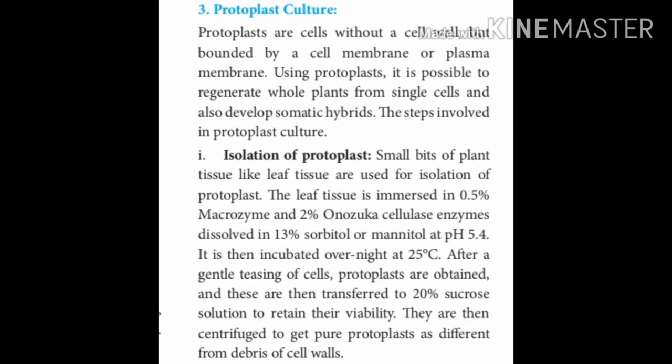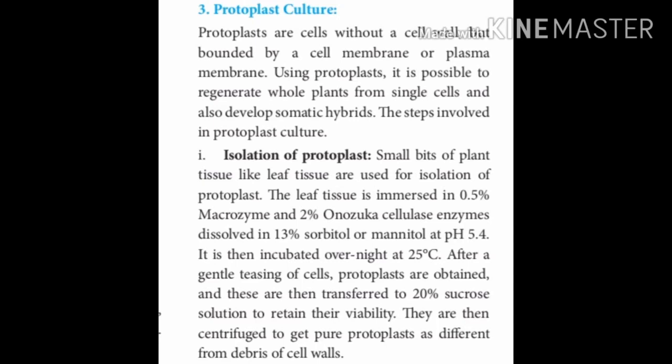As we have learned before, protoplast is the substance which is present inside the cell wall. Without the cell wall, the next layer would be the plasma membrane. So the content which is present inside the plasma membrane is called the protoplast. So we are going to isolate it now. Let's look into how we can isolate the protoplast.